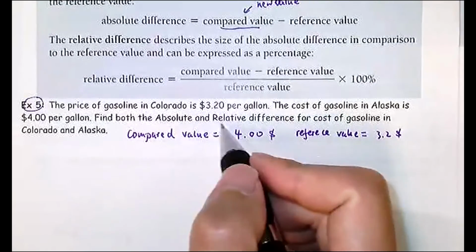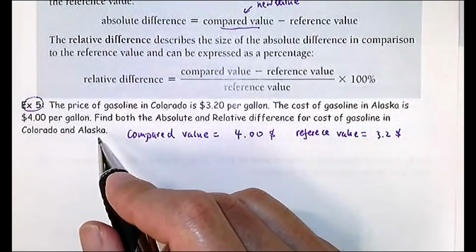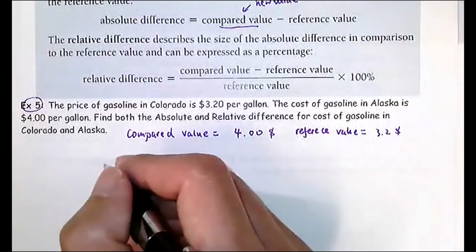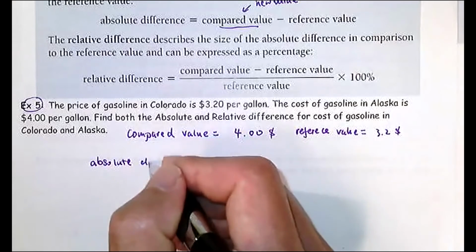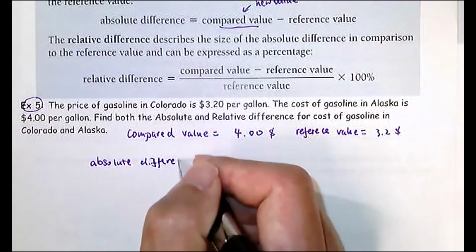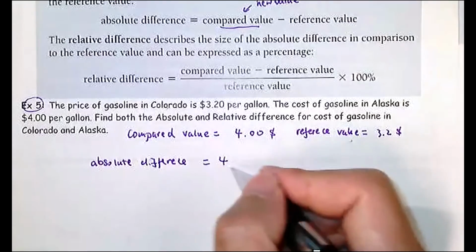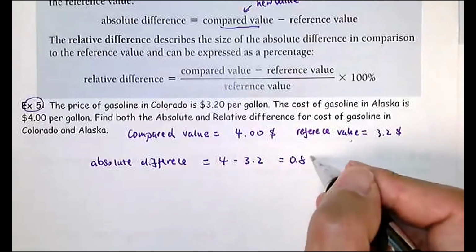So find both the absolute and relative difference for the cost of gasoline in Colorado and Alaska. Let's first do the absolute difference, easy: comparative value minus reference value, so $0.8.